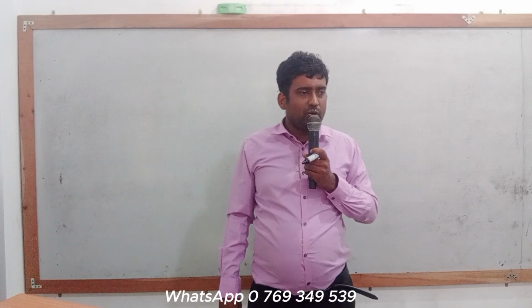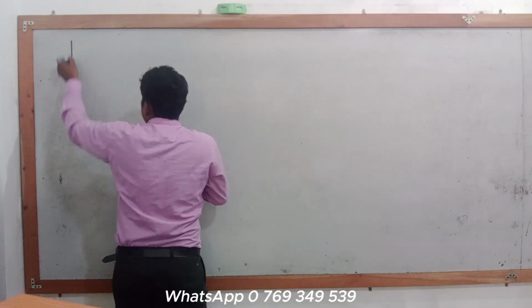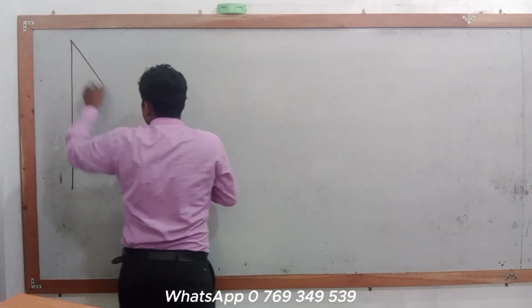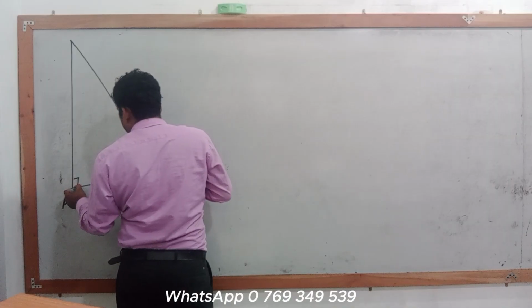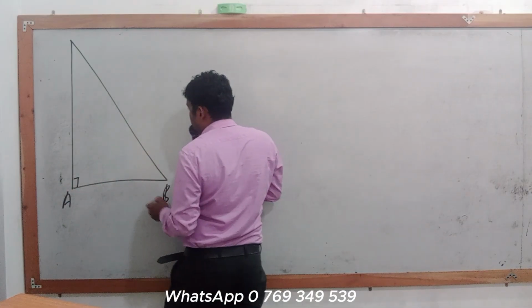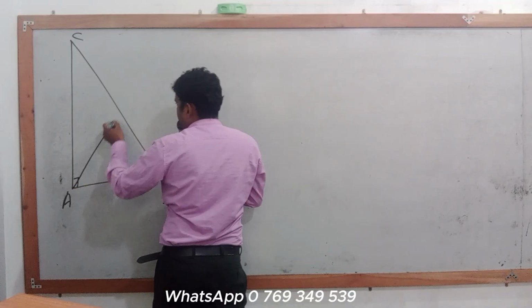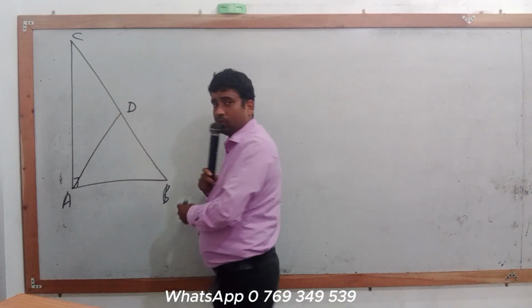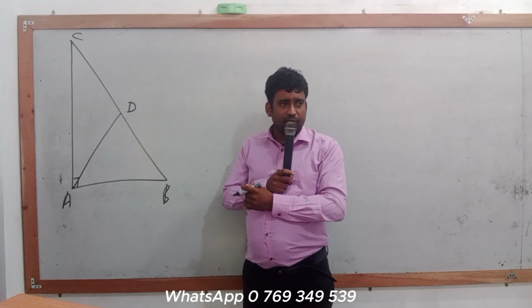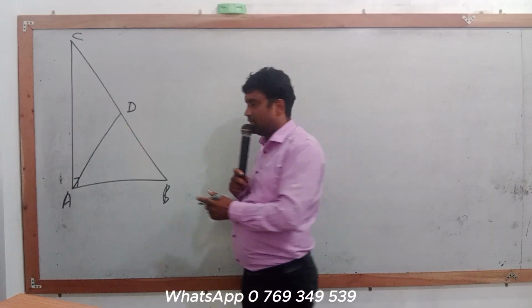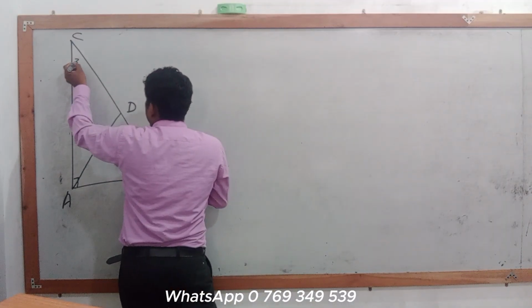In the triangle ABC shown in the figure, A is 90 degrees, this is D. B is 60, this is 90, so this one should be 30.